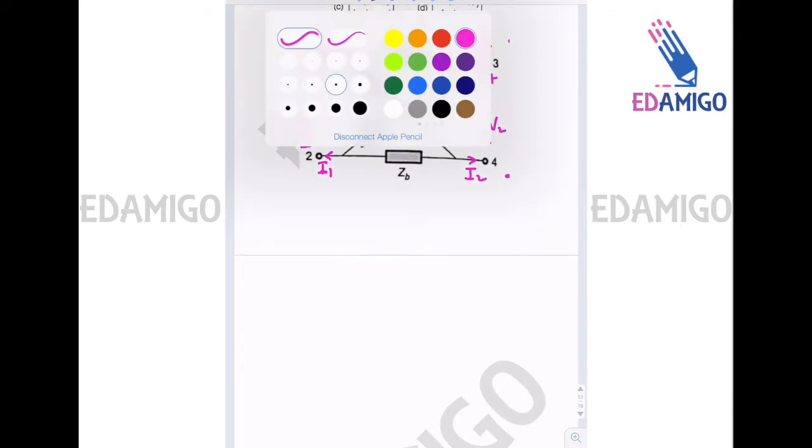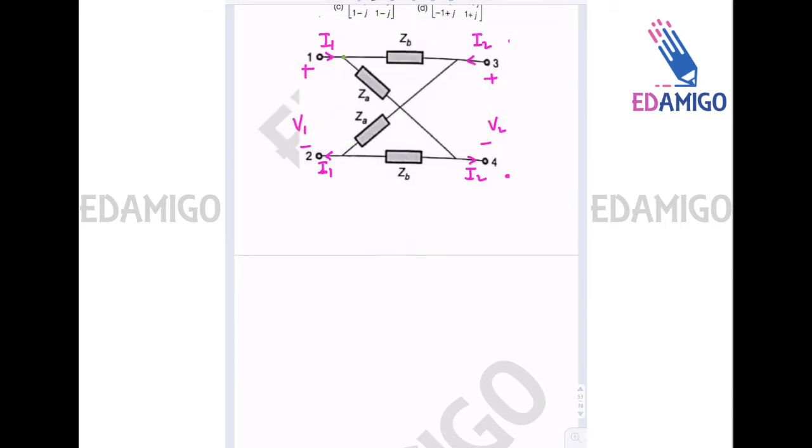Let us assume that at this node the current in this branch is capital I. So current here will be I1 minus I. Now at this node I1 minus I is entering and I2 is also entering from the right side. So current in this branch will be I1 plus I2 minus capital I.